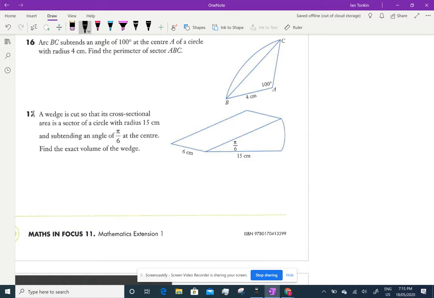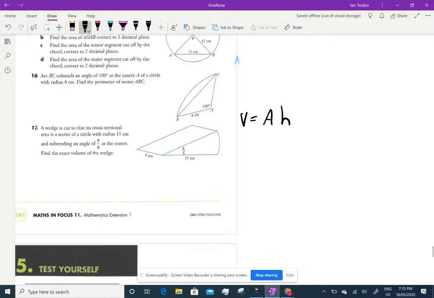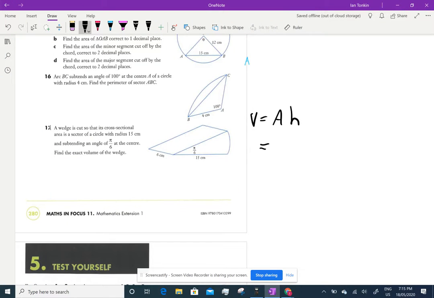Oh, sweet, this is easy. Volume equals area times height. Even though it's a part of a cylinder, it still uses a volume of a prism. Well, the area of that sector is a half r squared theta, and the height is this value here, 6. Well, what's my r? A half times 15 squared times theta, pi on 6, beautiful in radians, times 6.